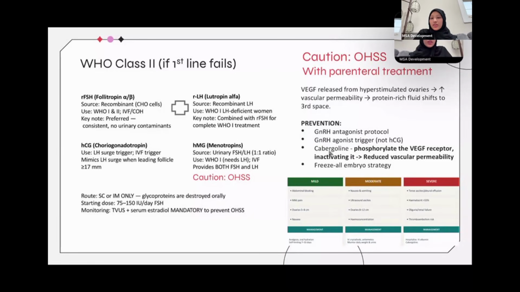Cabergoline, remember, that's a dopamine agonist, but in this case, it will phosphorylate the VEGF, the growth factor, and reduce the permeability, reducing edema. So you're fixing the problem here. The other thing is you can freeze all embryos. It's not that important.